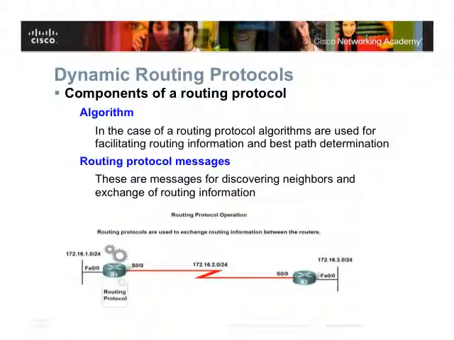So the routing protocol messages are the messages that contain the information about the LANs or the networks that are directly connected to the router. And then the algorithm will decide that if I want to send to this LAN, then I need to go in this direction.